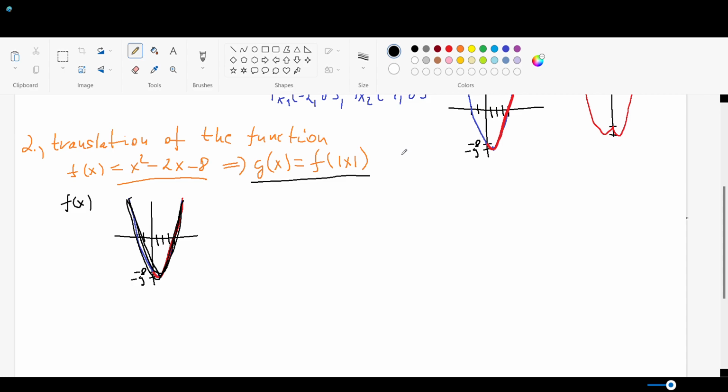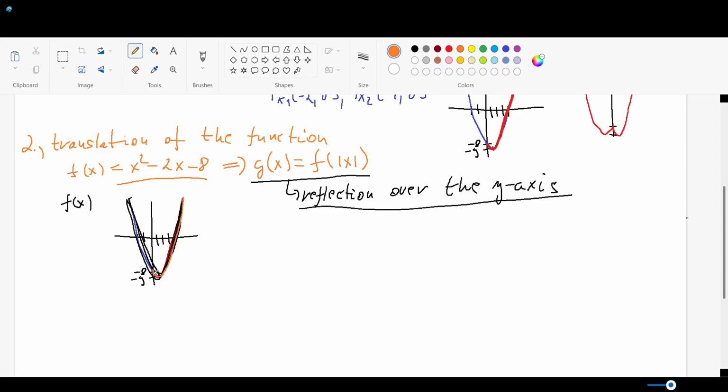And now, if you think about what this transformation of the graph does, it is the reflection over the y-axis.